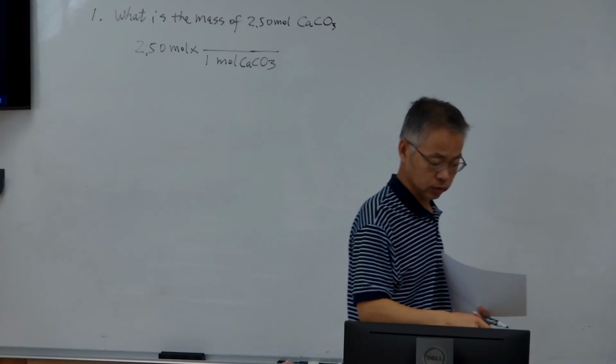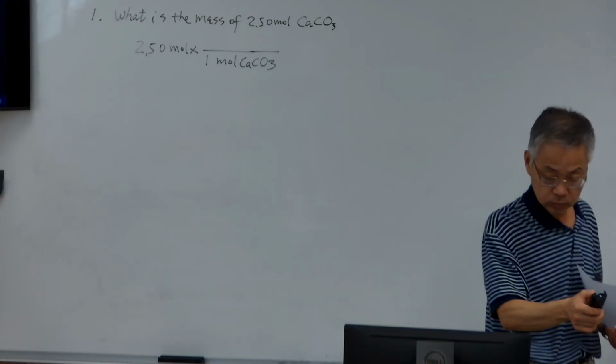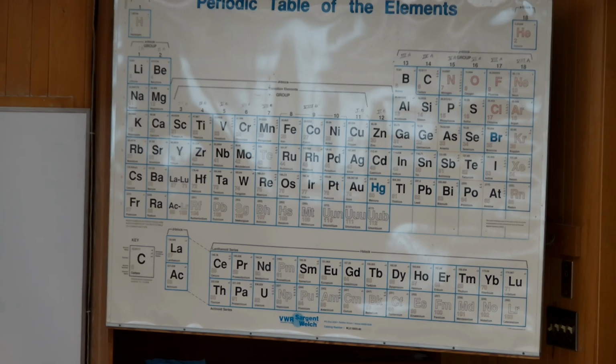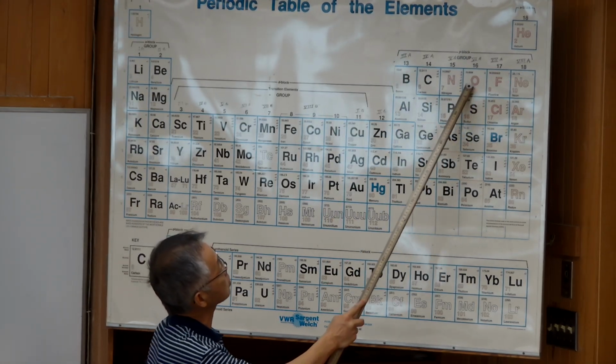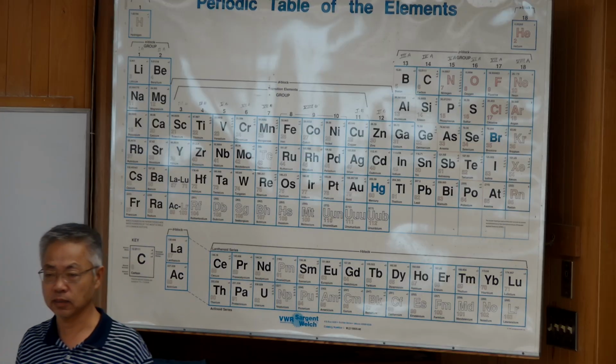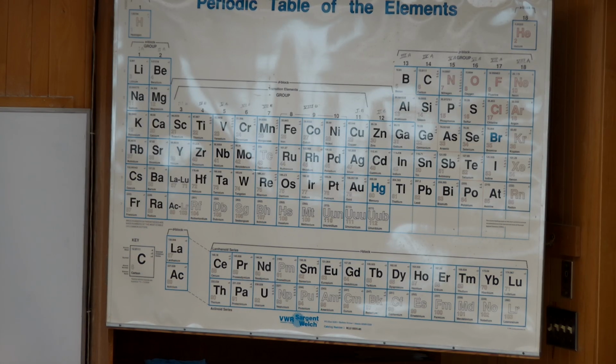The periodic table tells us calcium 40.08 here, carbon 12.01, oxygen 16. You have 3 oxygen. Add them together: 1 calcium, 1 carbon, 3 oxygen.